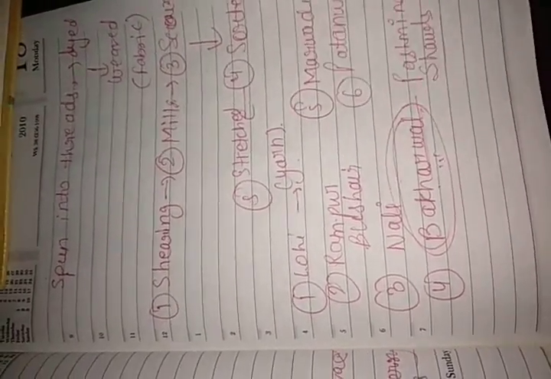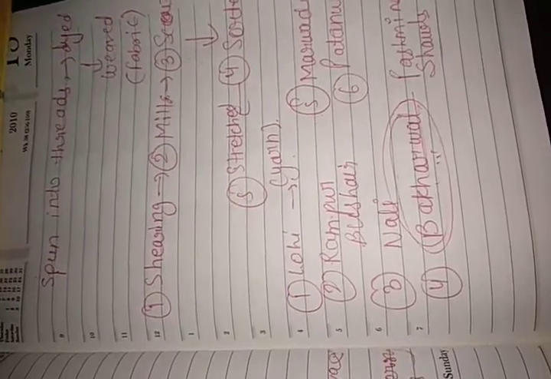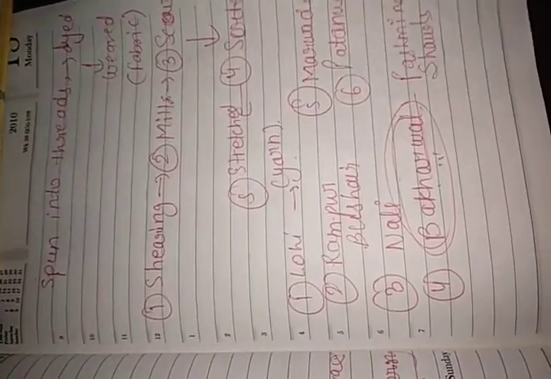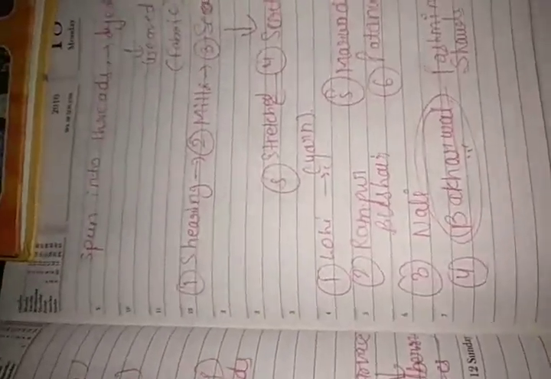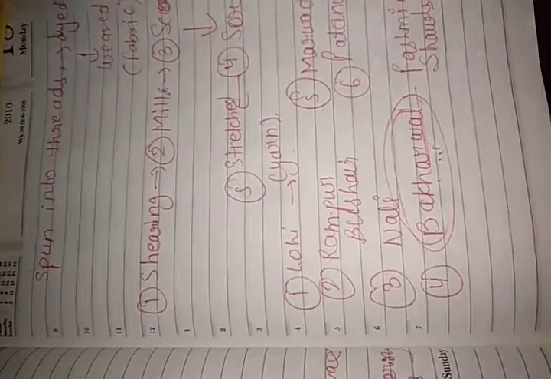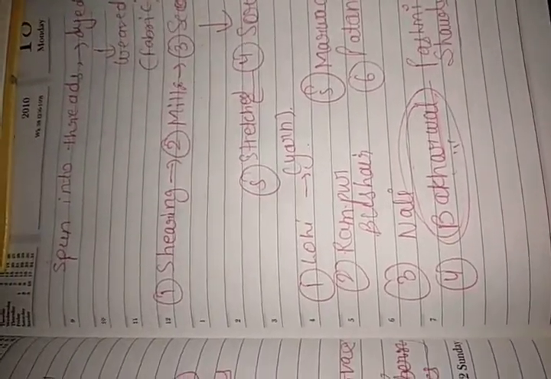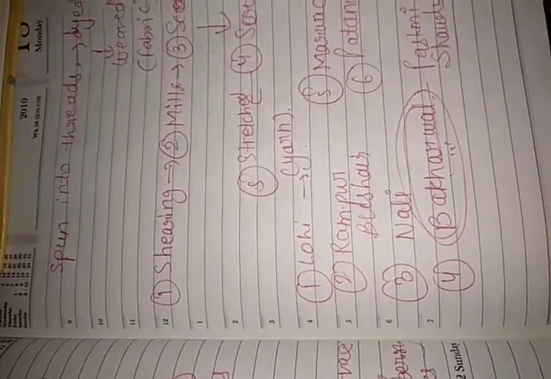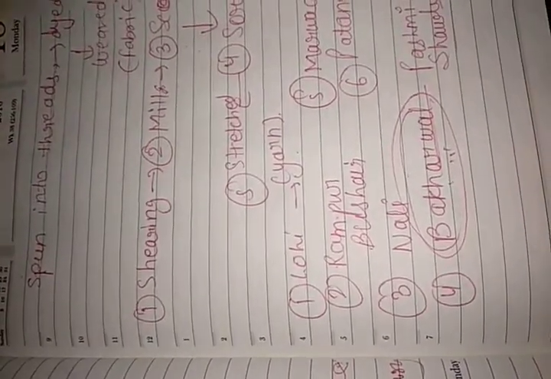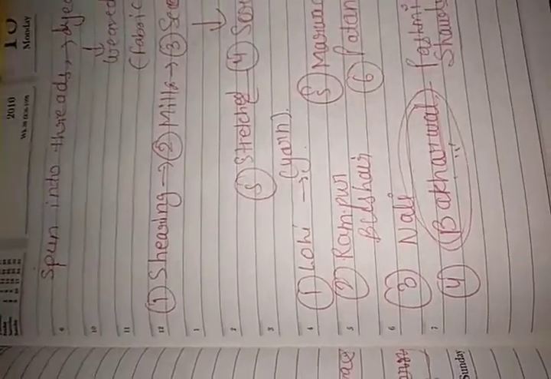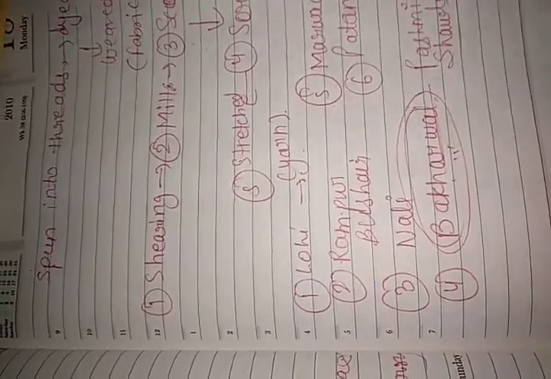processing of wool, and silk fiber is obtained from the cocoon of the silk moth, and the most important question, the breeding, so it is a very important question. Define sericulture. So what is sericulture? The breeding and management of silkworm for production of silk is called sericulture, or the rearing of silkworm for the production of silk or for commercial purpose is called sericulture.